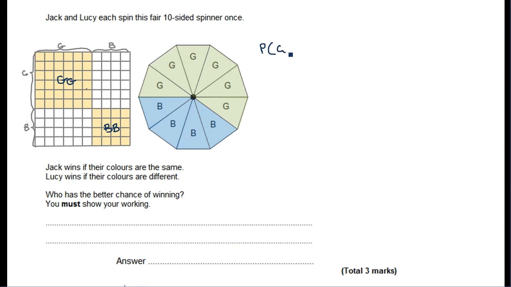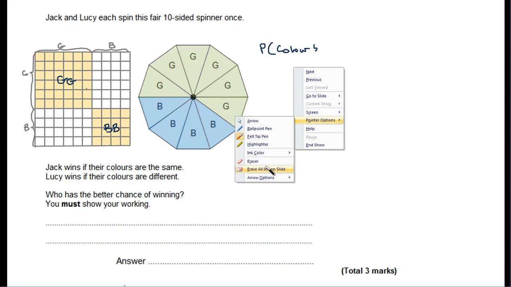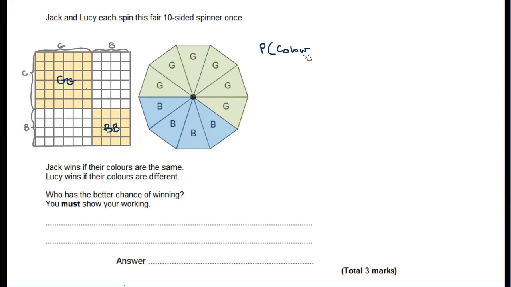So we can say that the probability of colours being the same equals the probability of colours coming up green, green, GG, or, in other words, we're going to add the probability of them coming up blue, blue, in other words, BB.